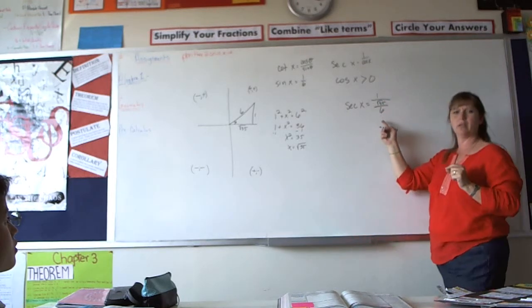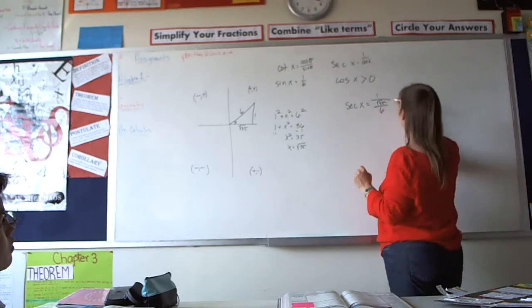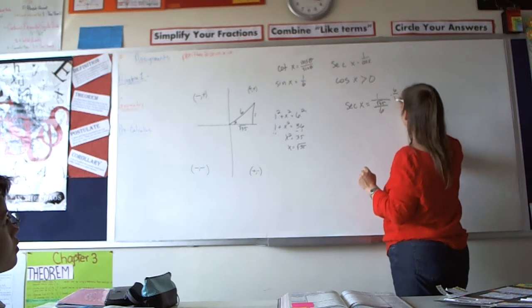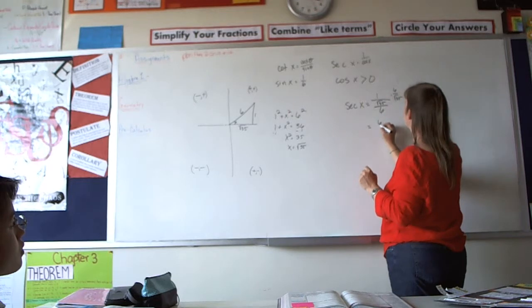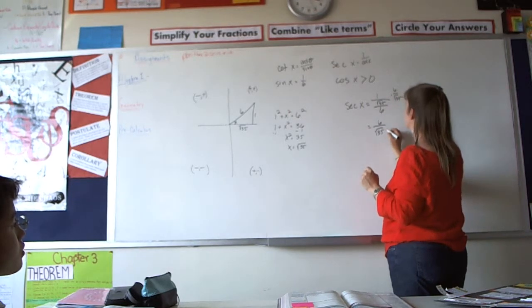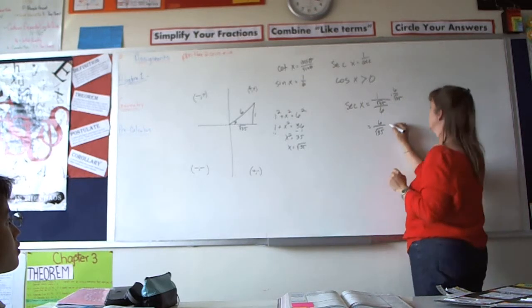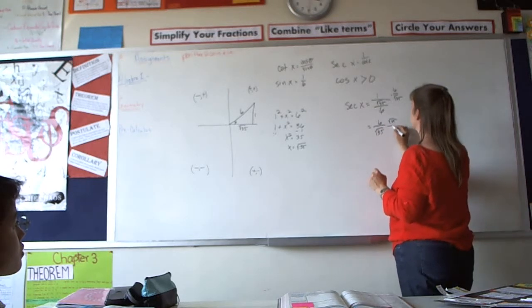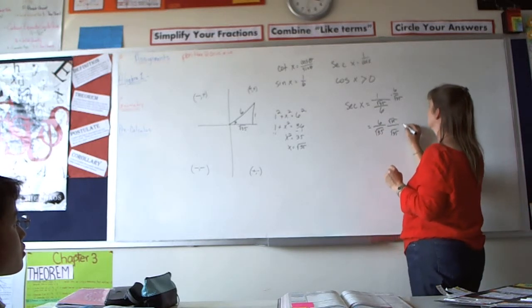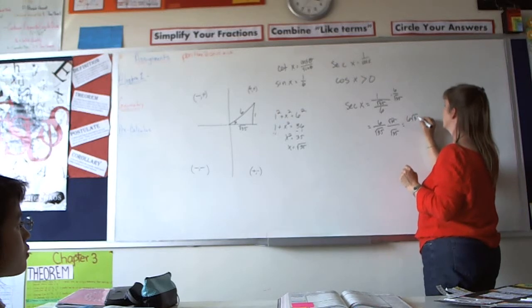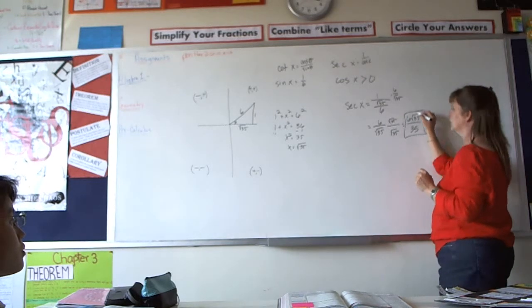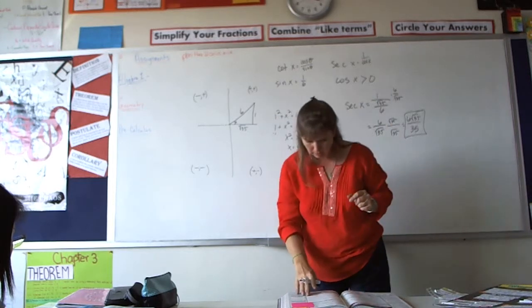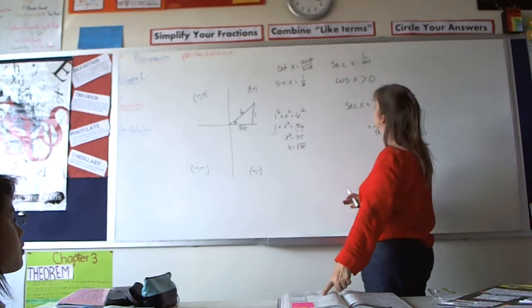Can't leave it in the bottom like this, so we're going to flip it, bring it up. This equals, multiply by 1, rationalize the denominator. This equals 6 square roots of 35 over 35. Okay, that's a good answer for that. Let me check it, make sure. Perfect, we did good. Okay, what about cotangent?